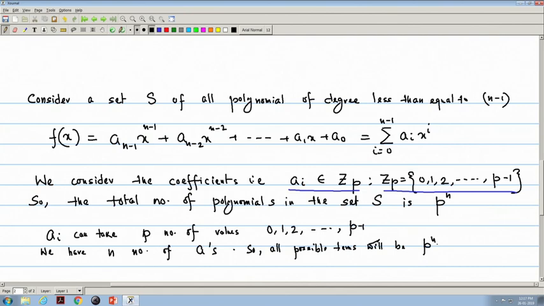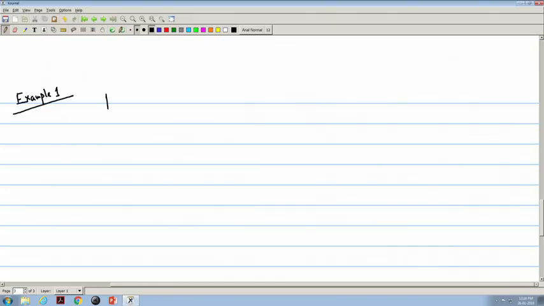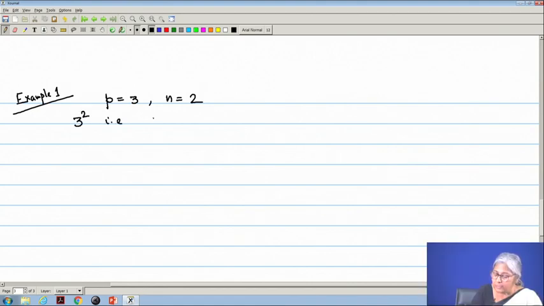So, there will be p to the power n polynomials in the set. Now, we take an example. We consider p equal to 3 and n equal to 2. So, p to the power n is 3 squared, that means 9 polynomials are there in the set S.